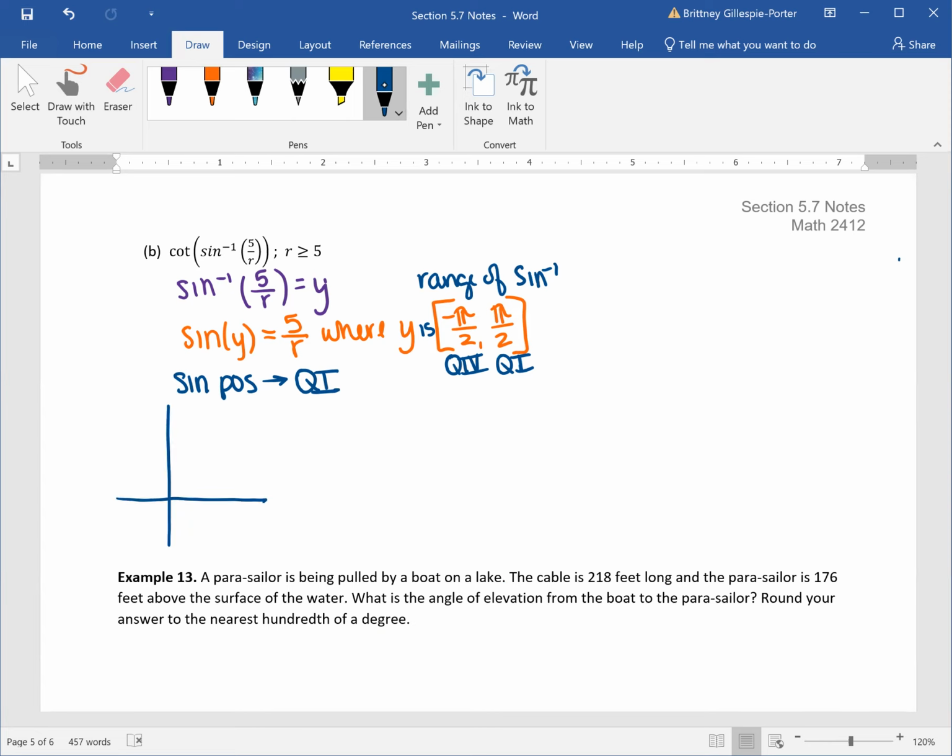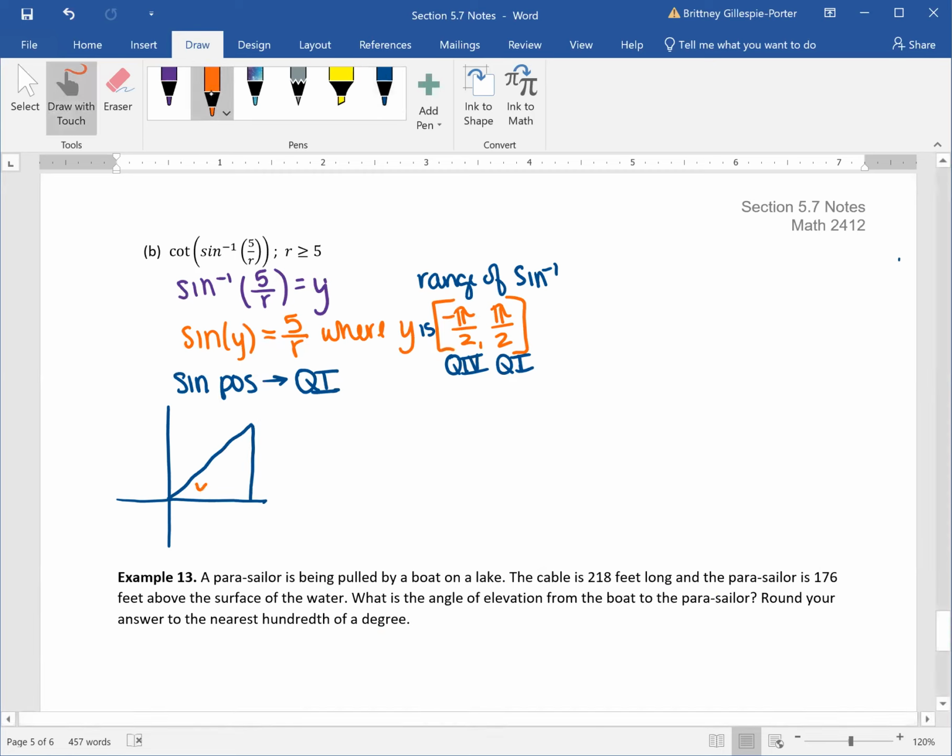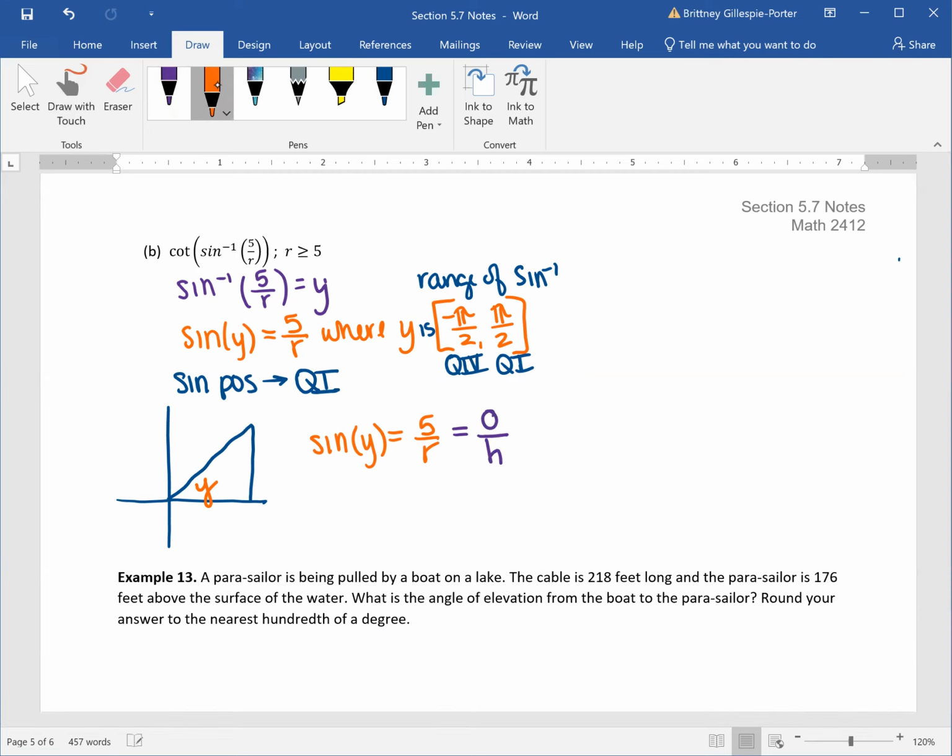Set up our triangle for our reference angle. We have y on the inside. Remember that sine of 5 over r, sine is equal to opposite over hypotenuse.